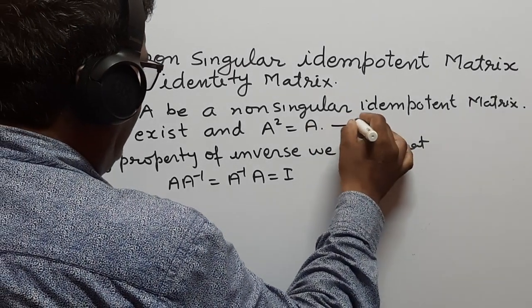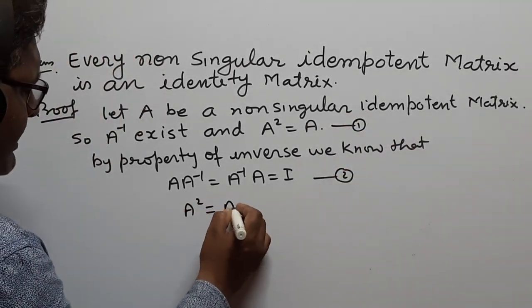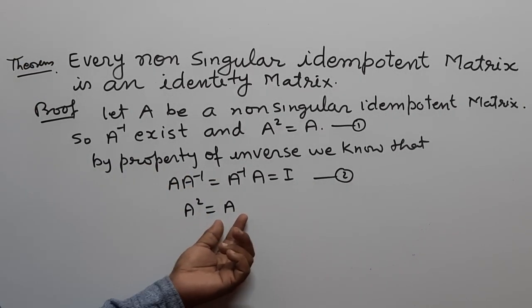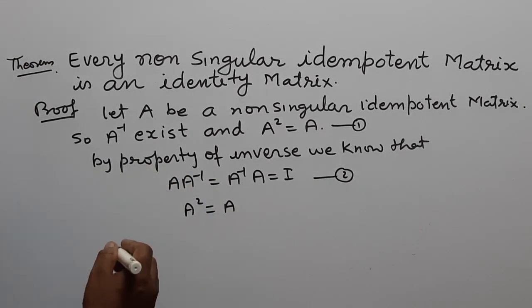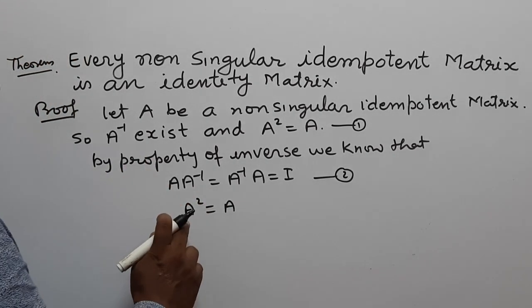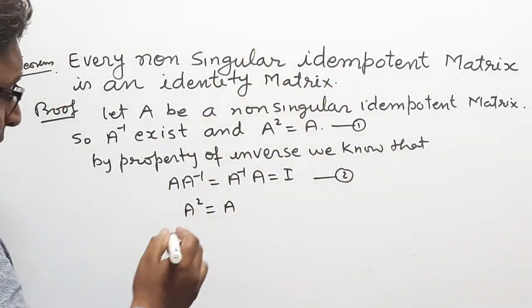Now we take A square is equal to A. We multiply by A inverse on both sides. So A square is equal to A because A is an idempotent matrix.